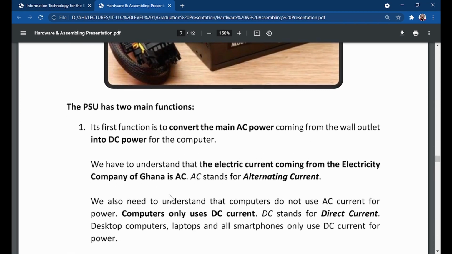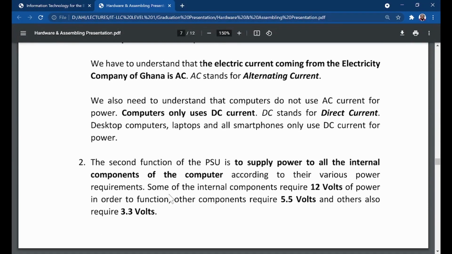The second function is to supply power to all the internal components of the computer system based on their individual power requirements. Please, are you following? Do you know that there are several components within the case? Each component within the case requires power to function.